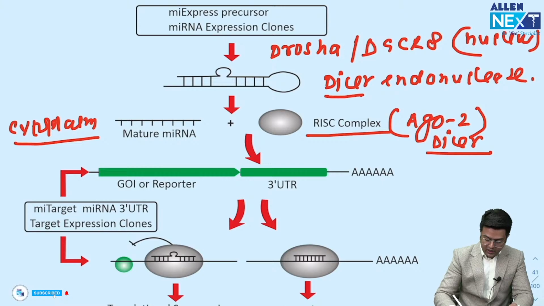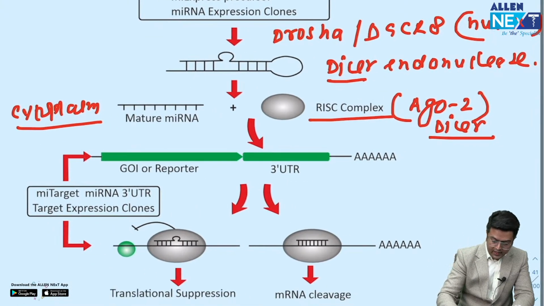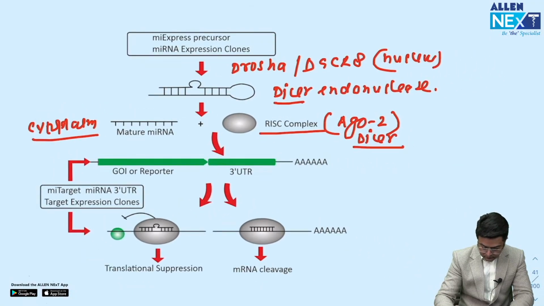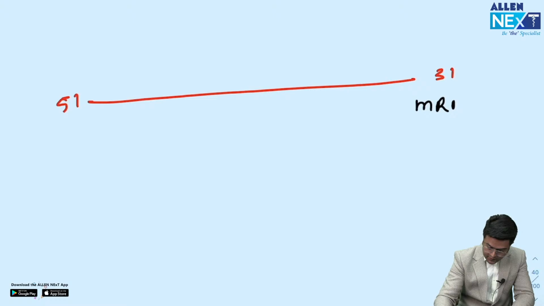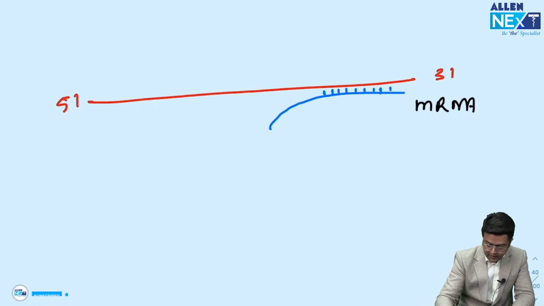Now when the microRNA binds, where does it bind? I told you that it binds at the 3' UTR. Suppose this is the microRNA, which is 5' to 3', and this is the messenger RNA, and suppose it binds with the microRNA at the 3' site. When it binds, as we can see, it is not the complete binding.